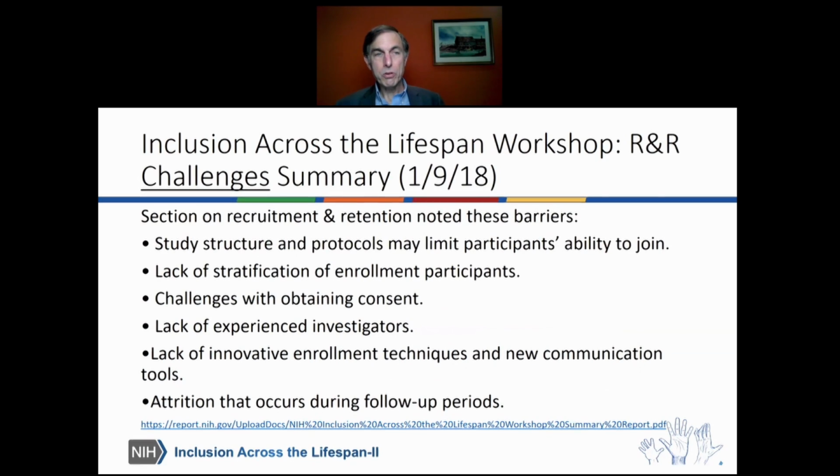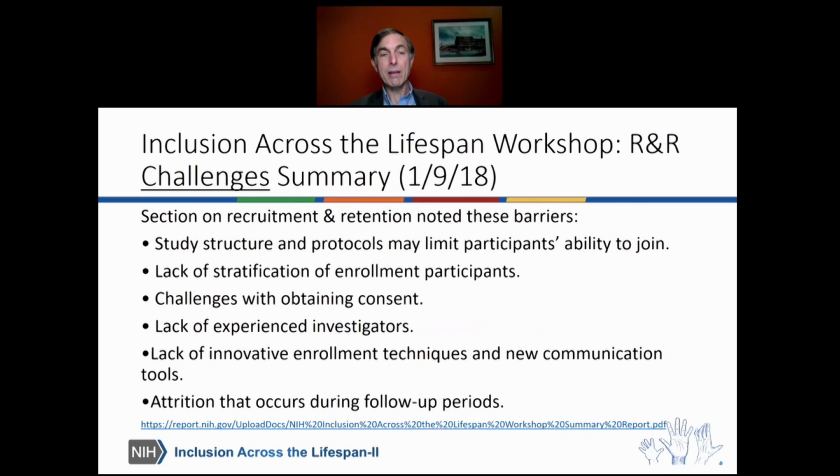This is a follow-up to a workshop that was held about 2 years ago on inclusion across the lifespan, which was a new requirement at that time. And the summary report, which you'll see the link on the bottom here, gives us a whole set of challenges and solutions to recruitment and retention issues for older adults and children.